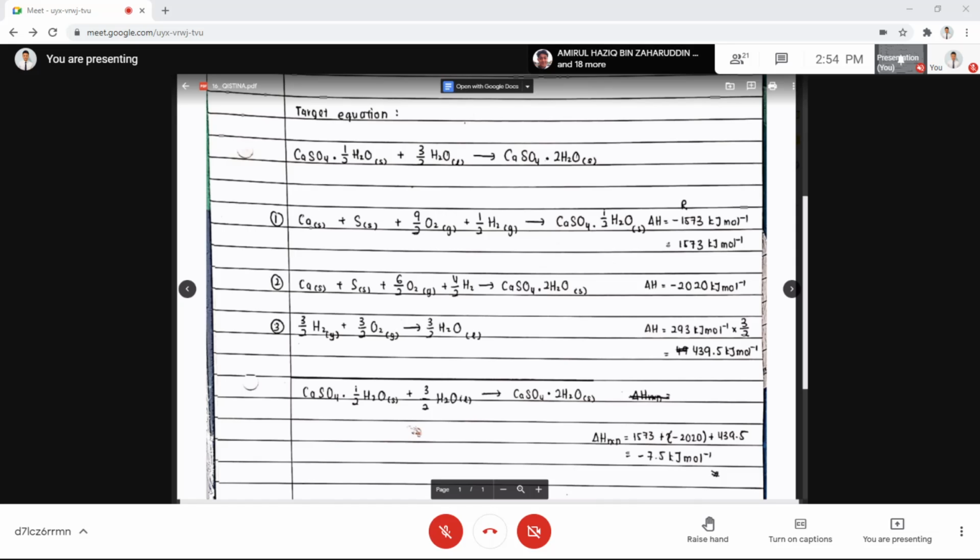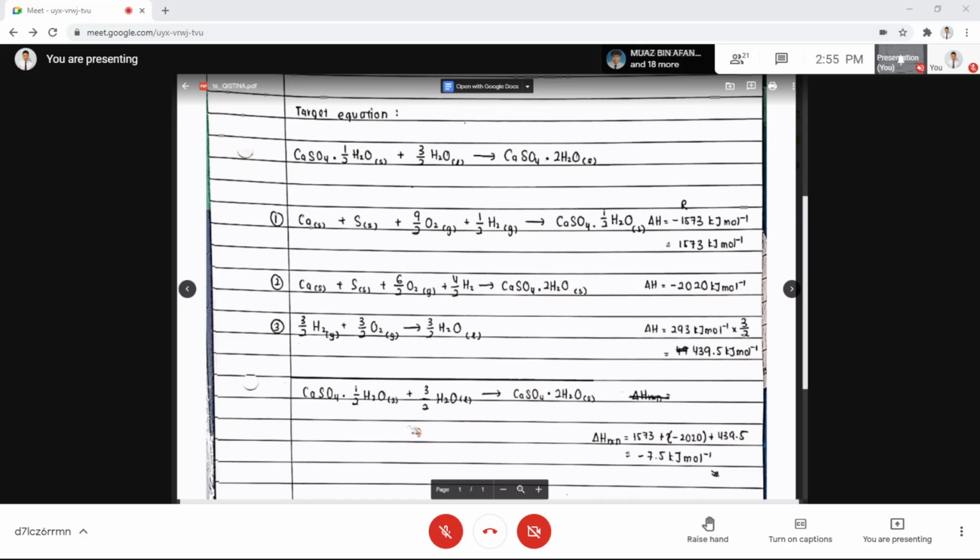For the second thermochemical equation, there is no change to the equation because the mole is still the same, and the position for calcium sulfate 2H2O is at the product, same as the target equation.